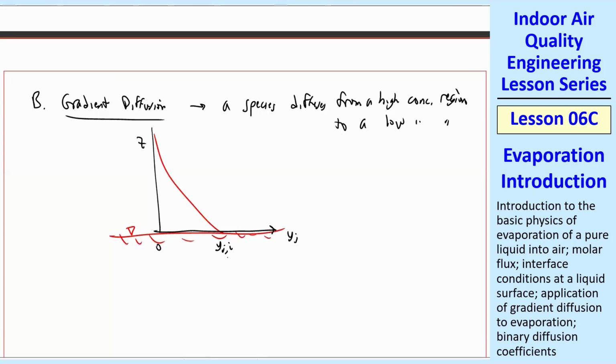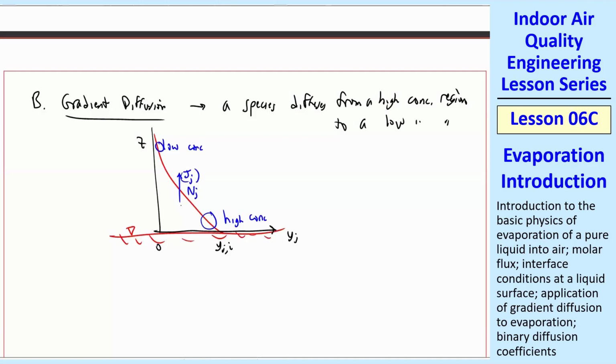Concentration is proportional to mole fraction, so you can think in terms of ppm or mass concentration, whichever you want. But this is a high concentration and this is a low concentration. Therefore, as I kept sketching with gradient diffusion, we have a J here, Nj, that's going up.